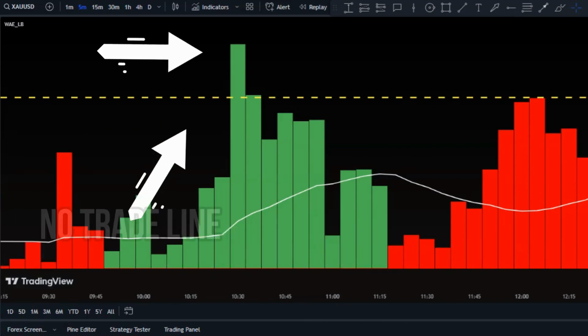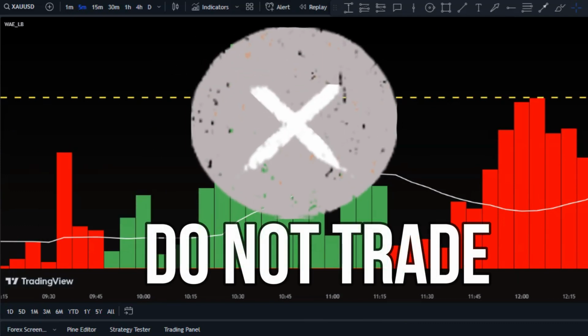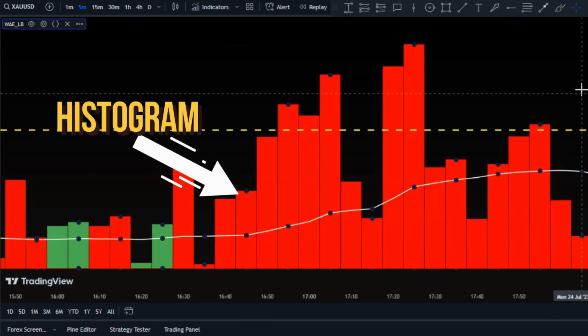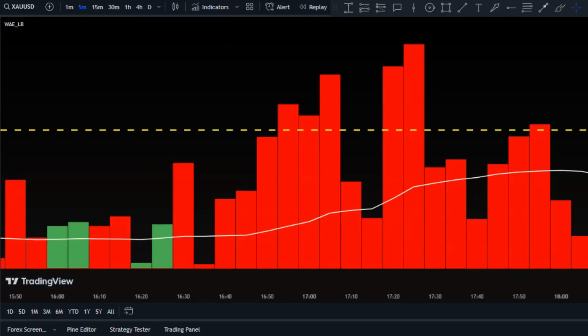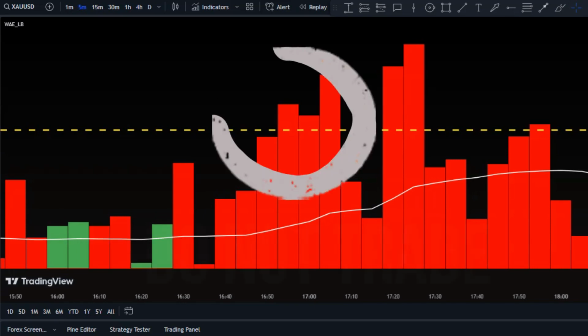Take note that if the histogram is above the no trade zone line, we should not trade. Likewise, if the histogram is red and above the moving average line, the short signals are confirmed. But again, in this case, if the histogram is above the no trade zone line, we should not enter a trade.